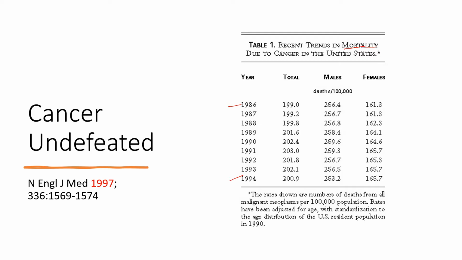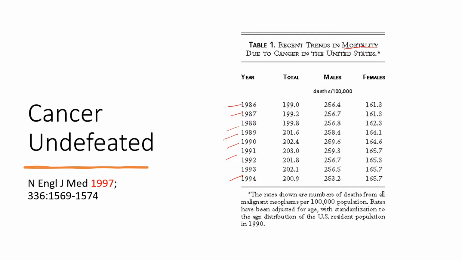And surprisingly, they identified that as time progressed, the mortality was increasing, but that somehow decreased from 1992 to 1994. But here you can see that from 1986 to 87, 88, 89, 90, 91, the mortality rate was increasing.